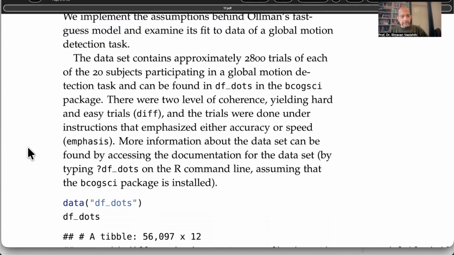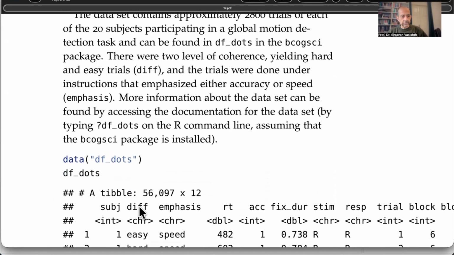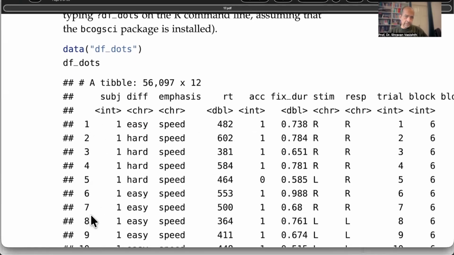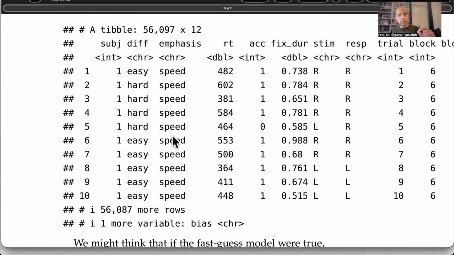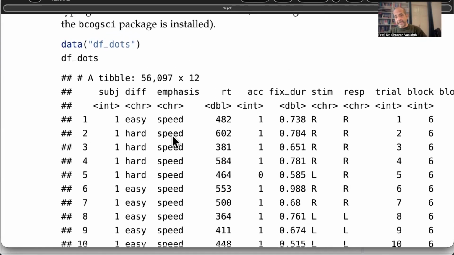So the data look like this. We'll load the data set from the bcoxi package as usual. And so here we have the subject IDs. We have the task difficulty, easy or hard. And then another thing that they do in the experiment is that they give instructions to the participant to either go as fast as they can, or to be as accurate as they can.